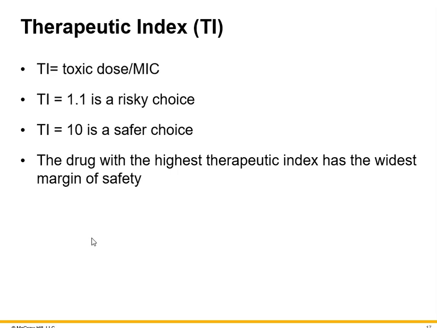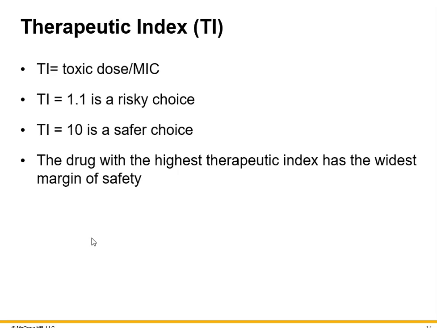In contrast, if you have a drug with a narrow therapeutic index, you have a therapeutic dose that is close to the toxic dose. That can be pretty harrowing, right? So you've got to carefully monitor the dosage and monitor the individual for any toxic side effects from that drug.